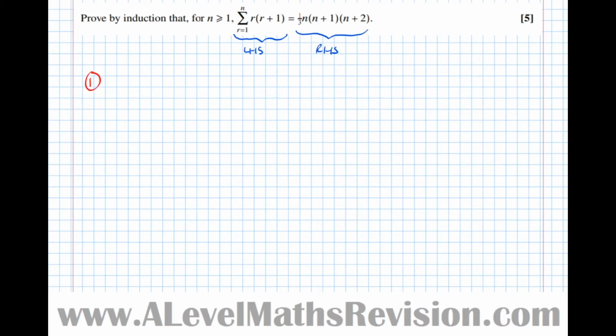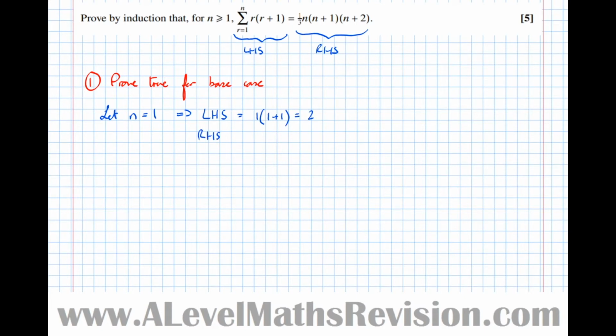So the first step, as always, is prove true for the base case. So let n equal 1, which implies that the left hand side is just one term of that, r plus 1 equals 1 plus 1 equals 2.